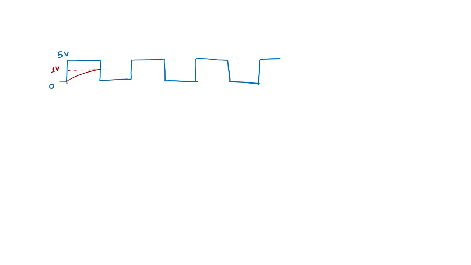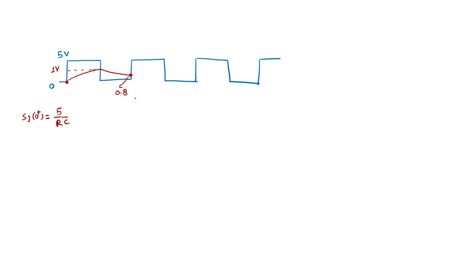The initial slope here was 5 by RC, which I call S1, that is at 0 positive, 5 by RC. And after that it is minus 1 by R. So let's say it is reaching 0.8.